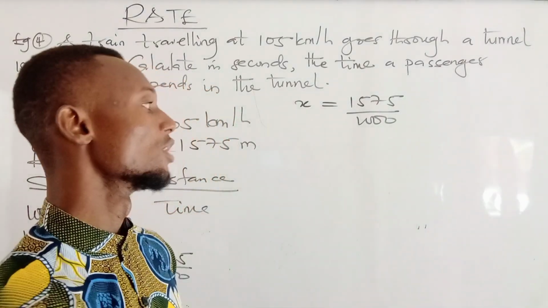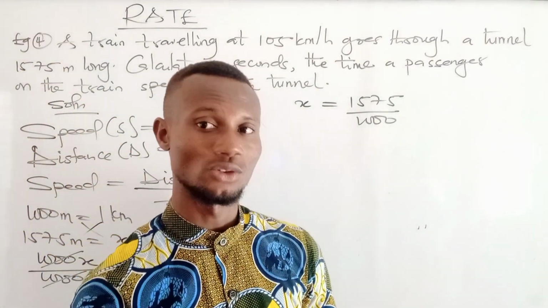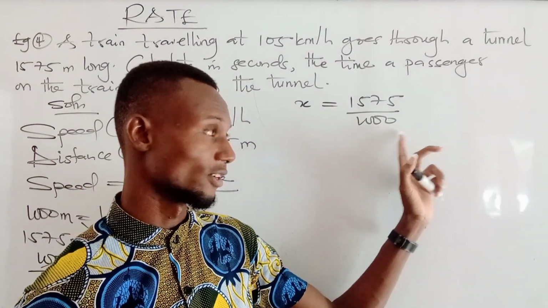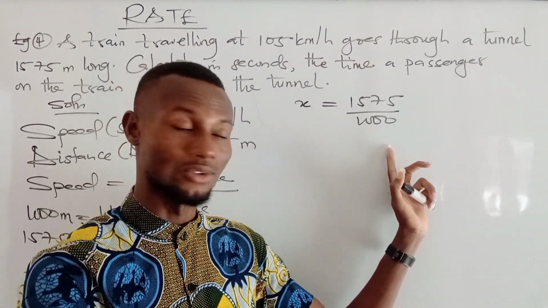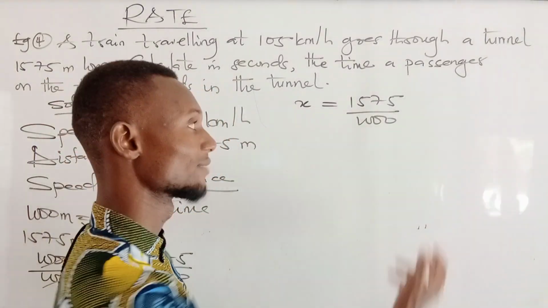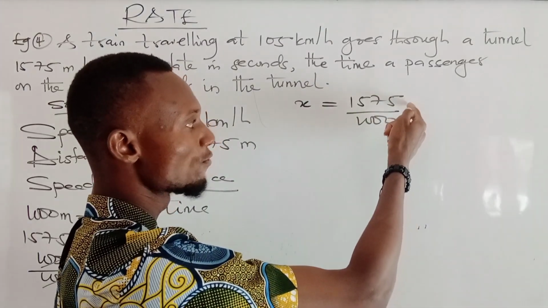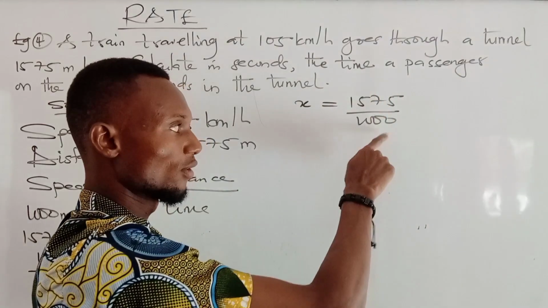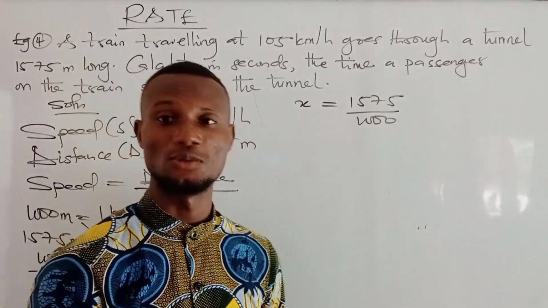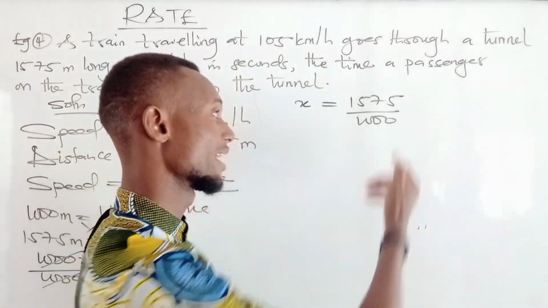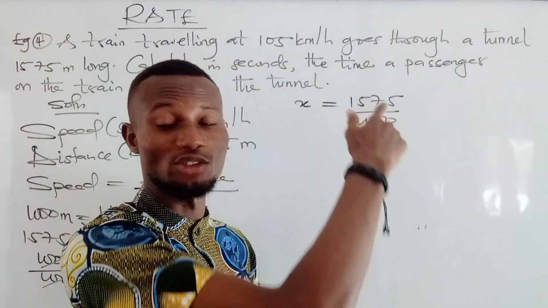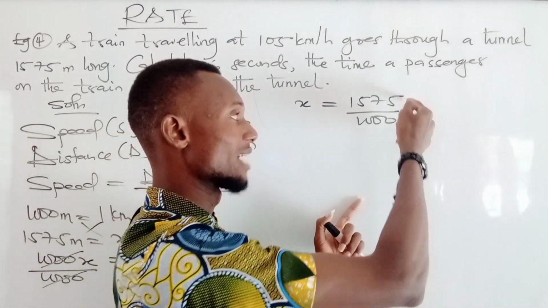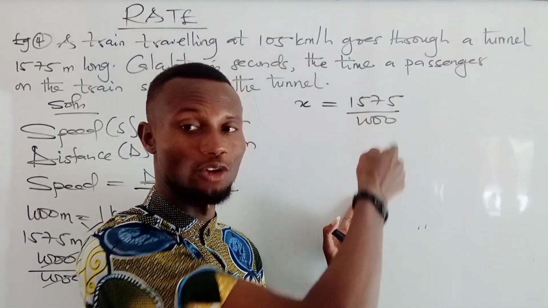Now there's a simple way to simplify this one. If you want to change it to decimal, you can see that it's being divided by 1,000, so we have 3 zeros down here. For you to change it to decimals, stand here and move 3 steps forward because of the 3 zeros. If it was divided by 10, you would move one step and bring your point.